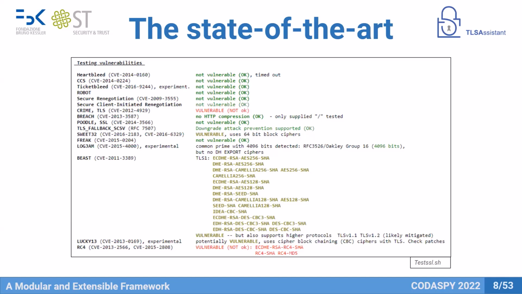But the very issue is that you do not understand that much from this report. For example, the report shows that CRIME has been detected on the web server. CRIME is a vulnerability that uses the deflate compression as an oracle to get information about the session cookie. So it's an issue.